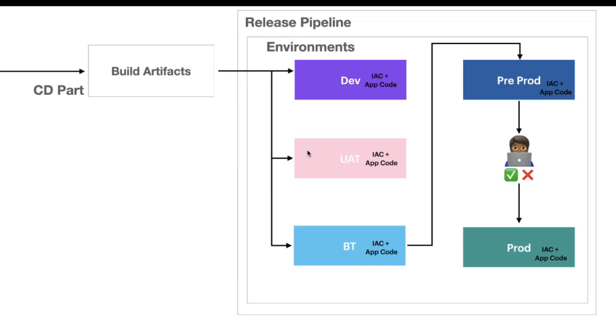In Azure, we can also use an ARM template for the IAC. So this IAC stage will do the deployment for the resources. In the further sessions, we will discuss more on those topics. So moving on.